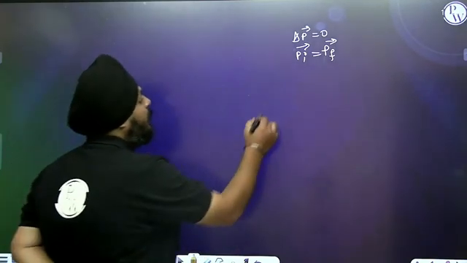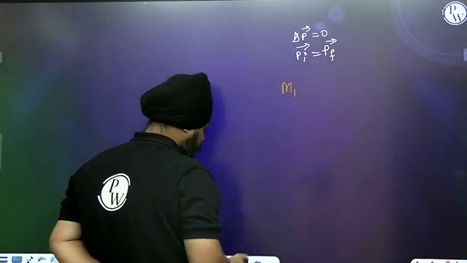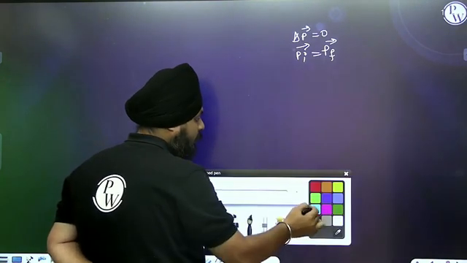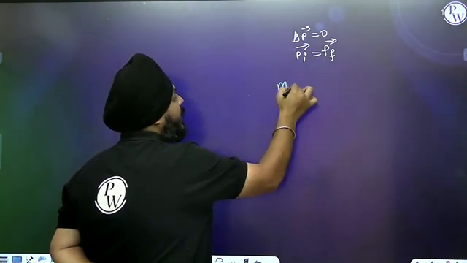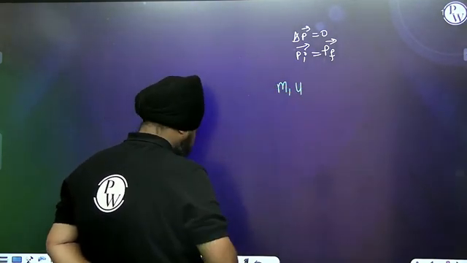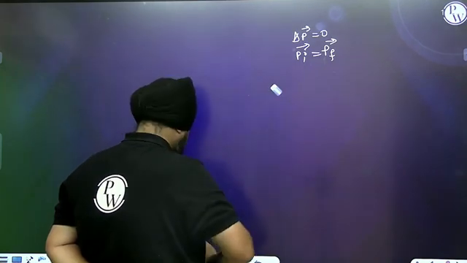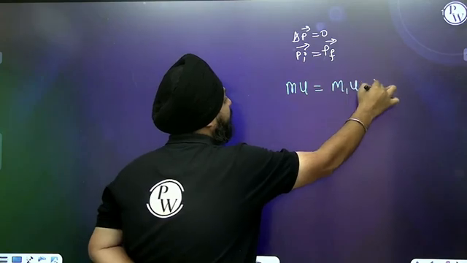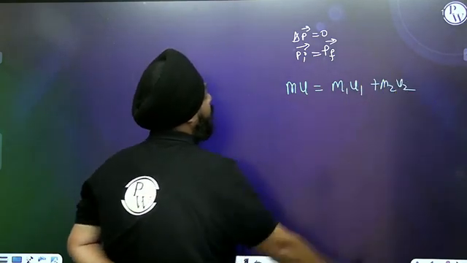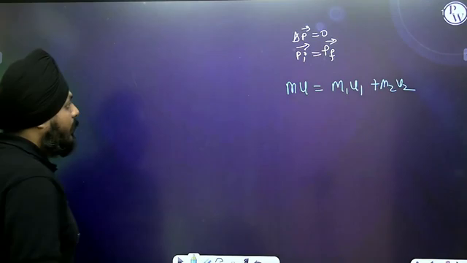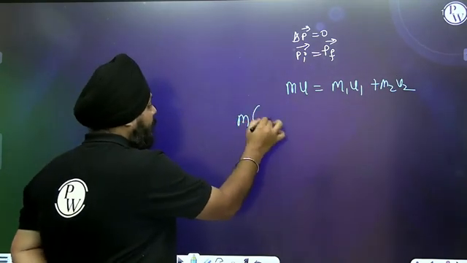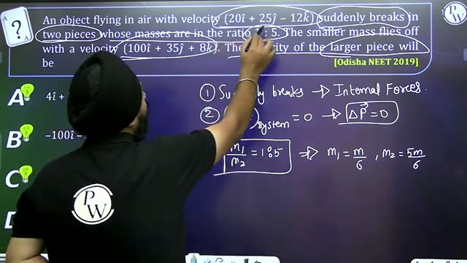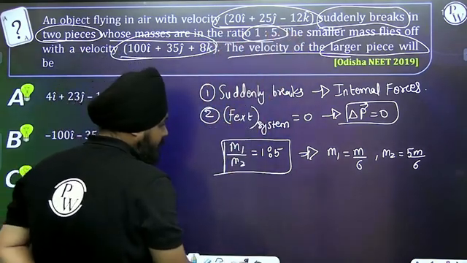So it is M1 U, or you can say M, moving with the initial velocity u. It broke into two pieces, m1 u1 and m2 u2. The initial mass was m, moving with velocity 20, 25, minus 12.